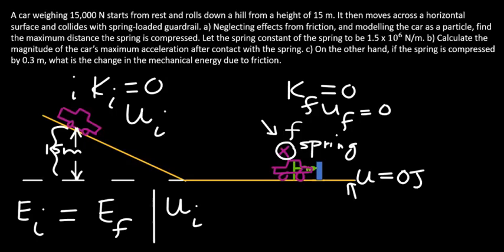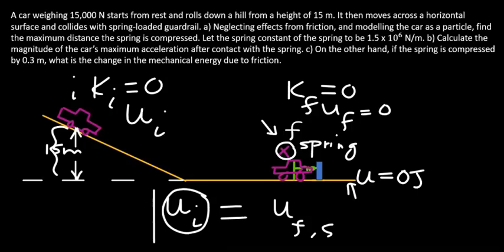However, since the spring is in the compressed state, the system should have an elastic potential energy. So the potential energy at the final state is in the form of elastic potential energy, or spring potential energy. And according to conservation of energy, these two must match up.